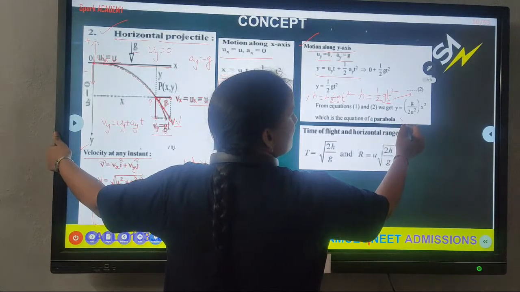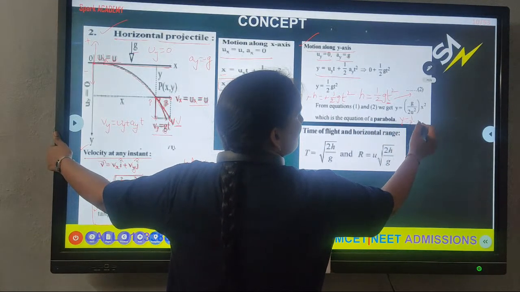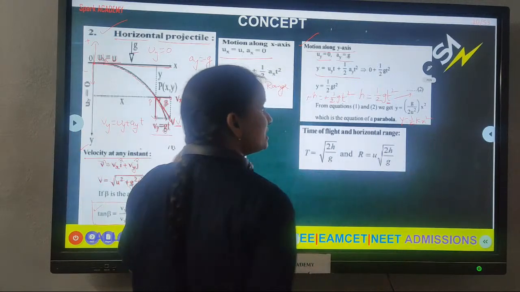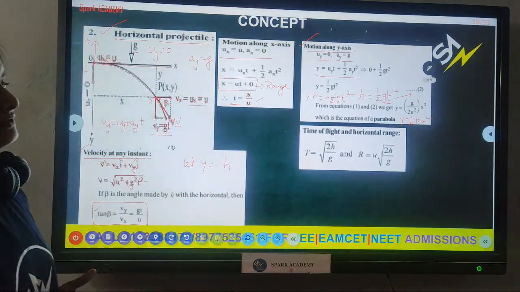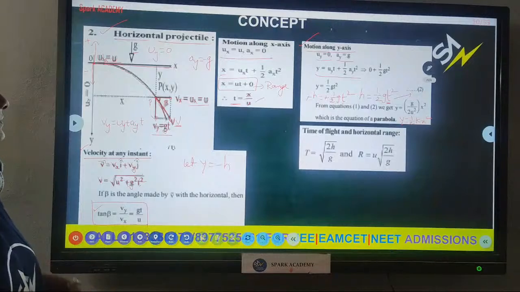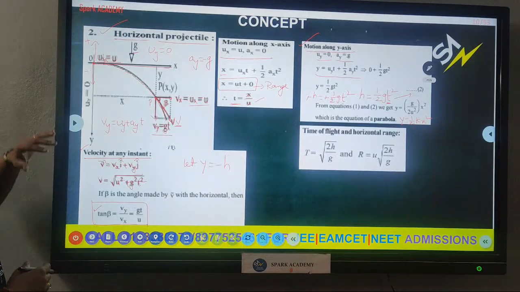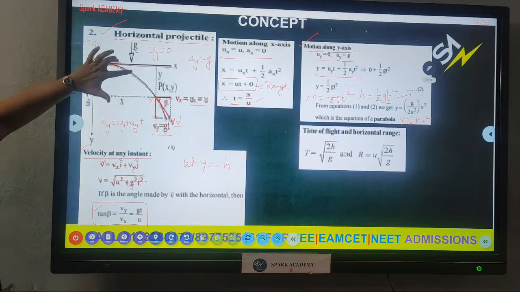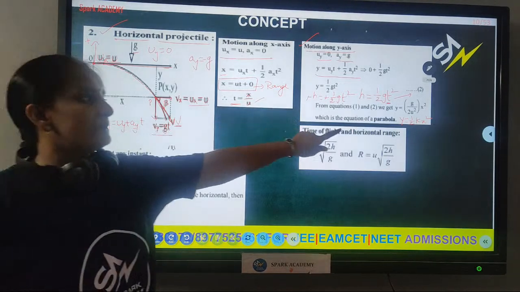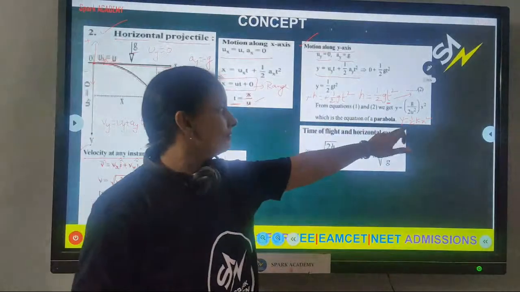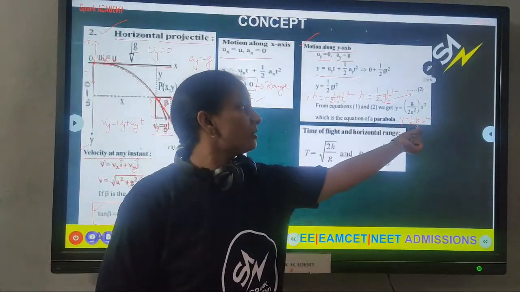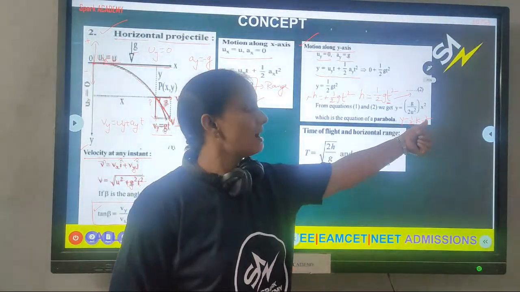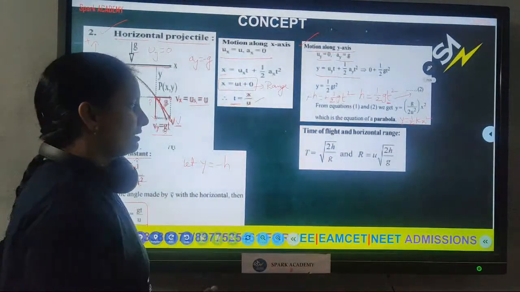So it is like half kx square, which is the parabolic equation. So we can say when an object is projected from a certain height, that object will also follow the parabolic path. We have proved the equation of the parabola, which is equal to half kx square.